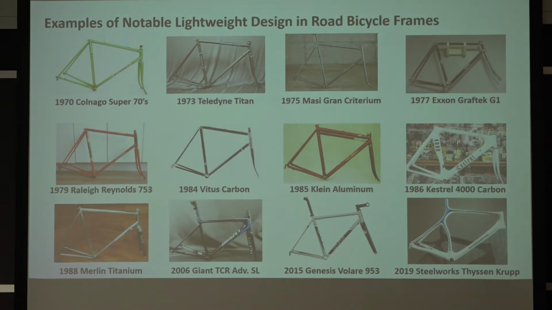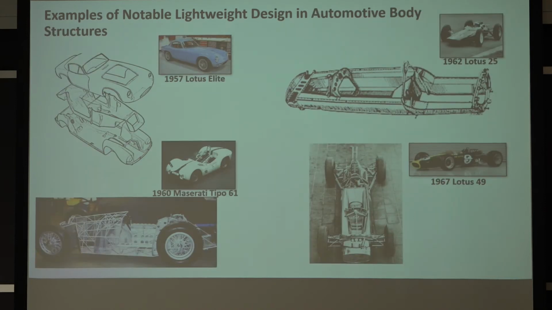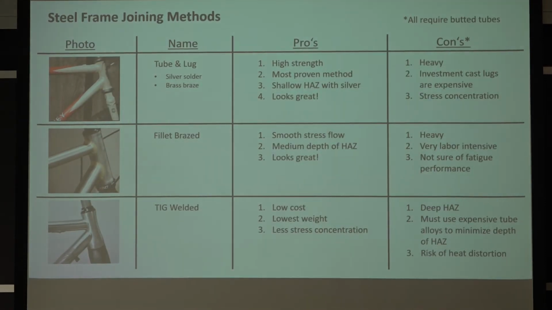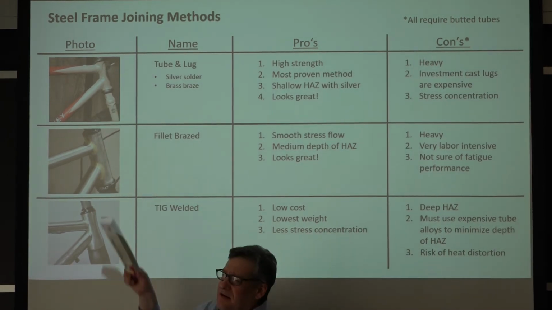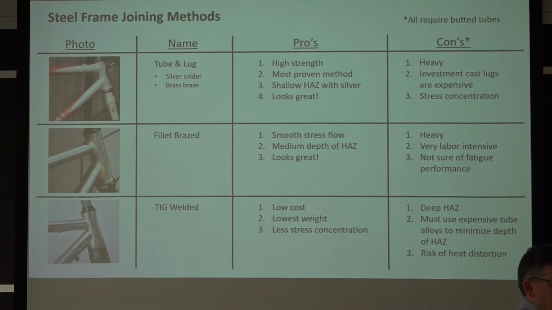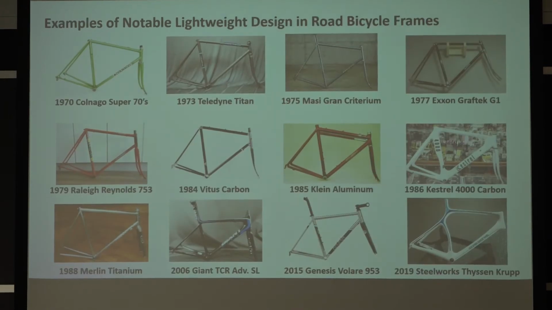These are two manufacturers of bicycle tubes. And then you would braze them together with a lug in between. Let me show you the next one. Here's a lug. The lug is a sort of fitting, a glove that fits over the two tubes and joins them together. That was the state of the art for decades and decades. Many, many Tour de Frances were won on that design.